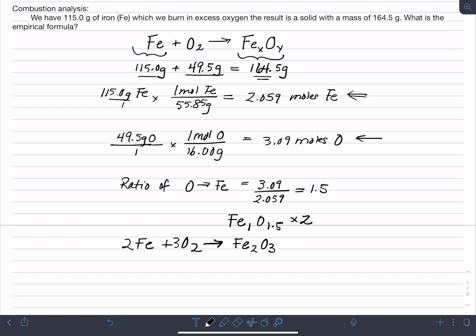But what we're trying to discern is this formula here. So if we had the amounts of iron and oxygen that they gave us, we would have these ratios, and we would end up with an empirical formula of Fe2O3. And that is what you call a combustion analysis. I'm going to do another problem with another combustion analysis, but this is the idea behind these types of problems. So hopefully this is a little bit helpful.